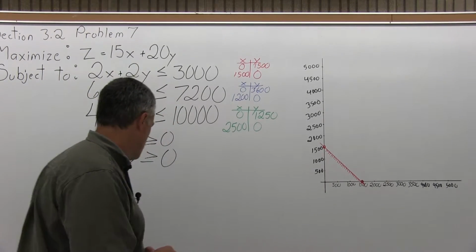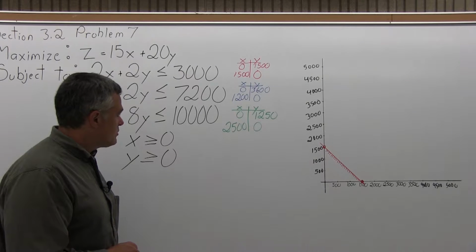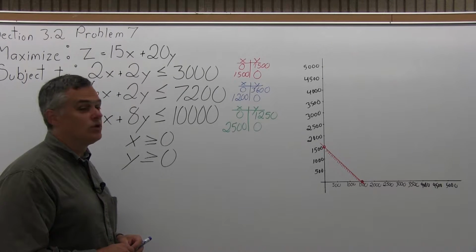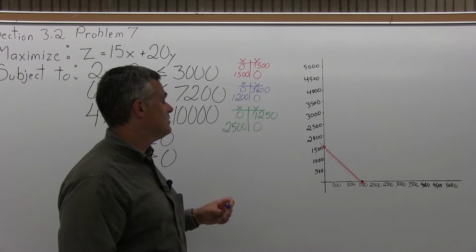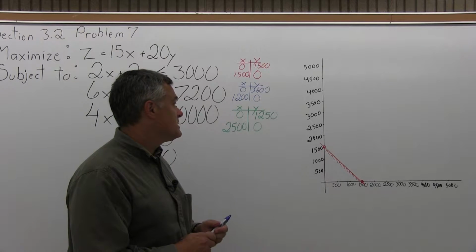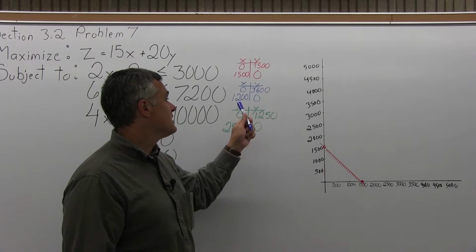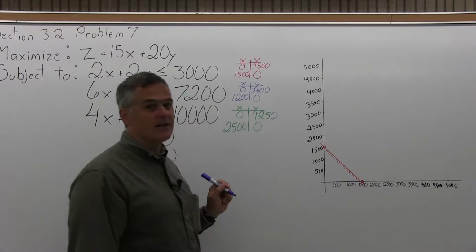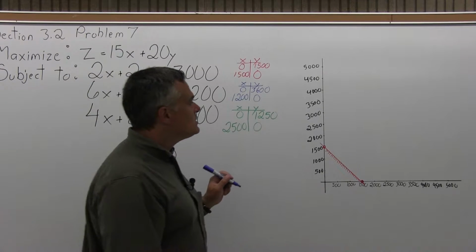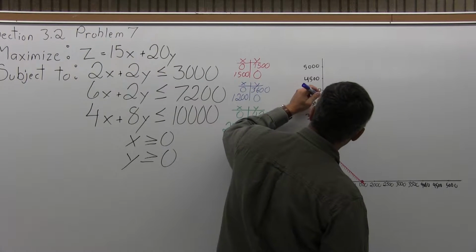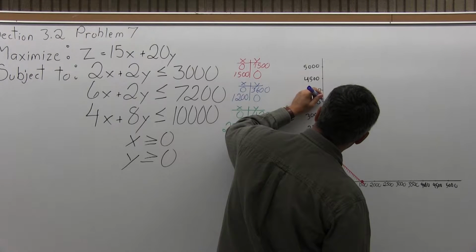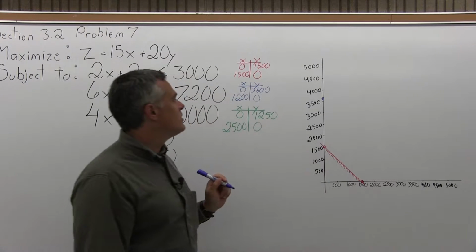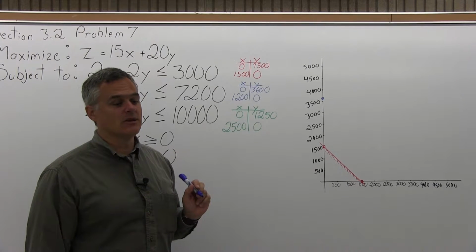So the next constraint down with the 7,200 at the end, I started to do in blue. So I'll continue this one in blue. So one of the points that I have to plot is 0, 3,600. So I'll go over 0, up 3,600. Now I don't have exactly 3,600 on my number scale. So by eye, 3,500 is fairly close, and I'll go a little past that, and I'll plot the first point of over 0, up 3,600.